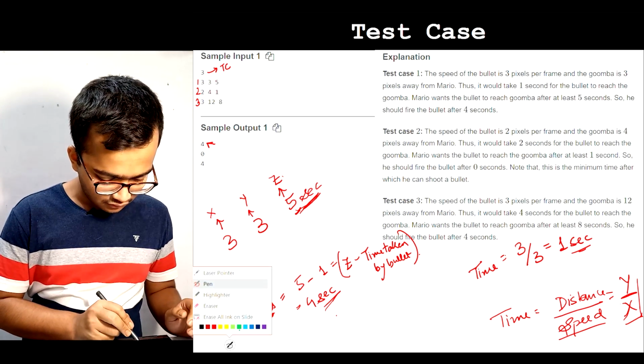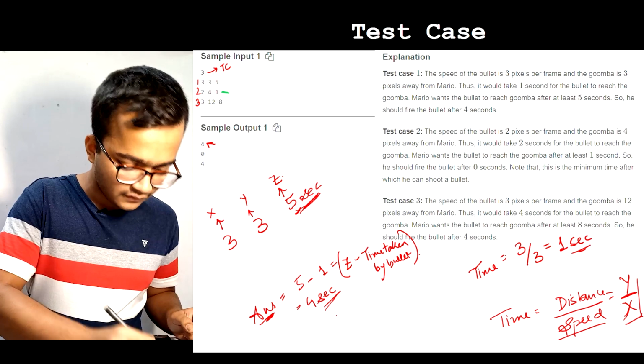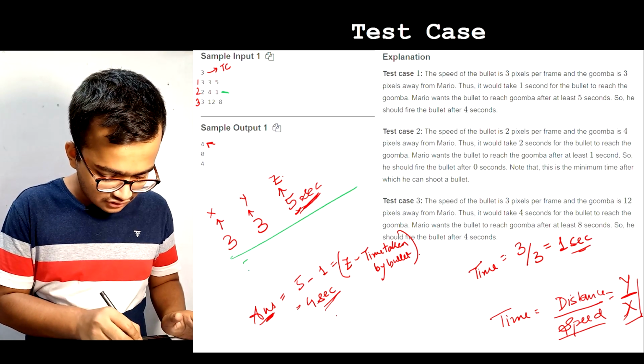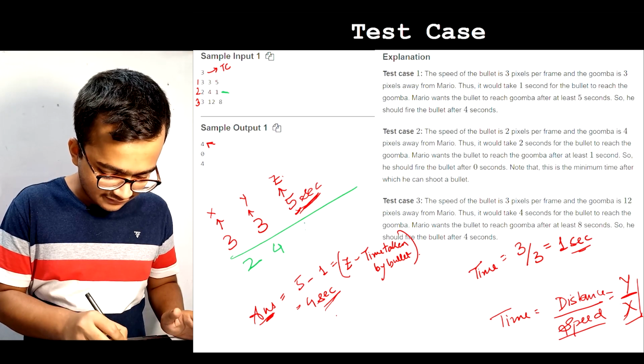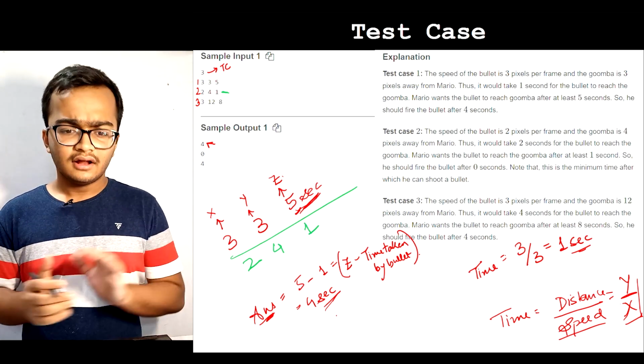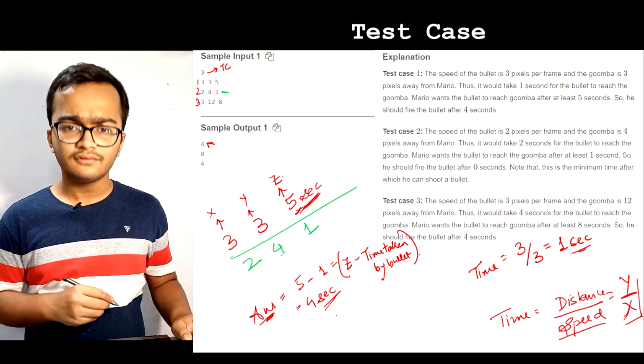Let's change the color of ink to green. Now in test case 2, we have 2, 4, 1. So let's give x equal to 2, y equal to 4 and z equal to 1. Now let's find out the time taken by the bullet to cover this distance of 4.